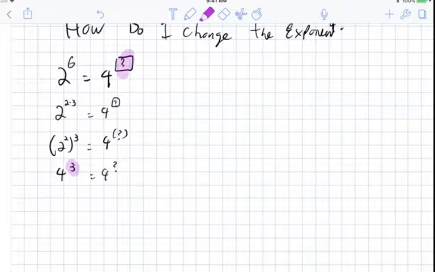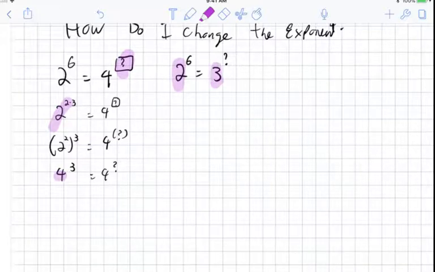Well, that's neat. But that only kind of worked. I was only able to do that because I knew that 2 to the power 2 is equal to 4. Am I able to do it if 2 to the 6 is equal to 3 to the... What do I put up there? I don't know of any power of 2 that turns it into a 3.